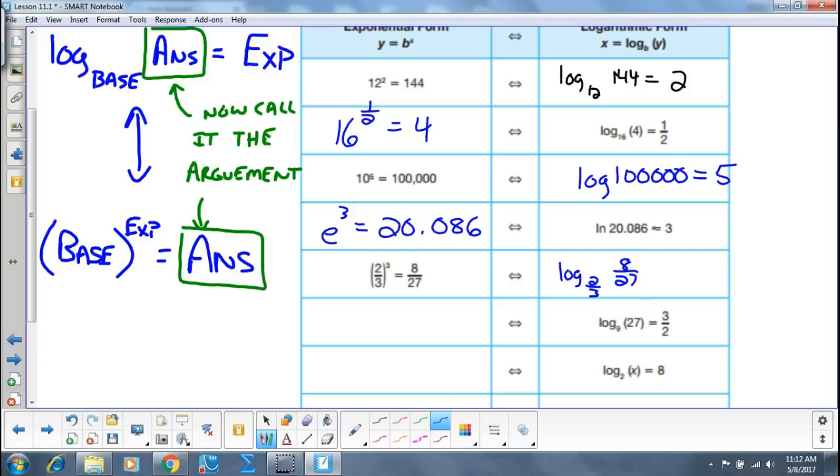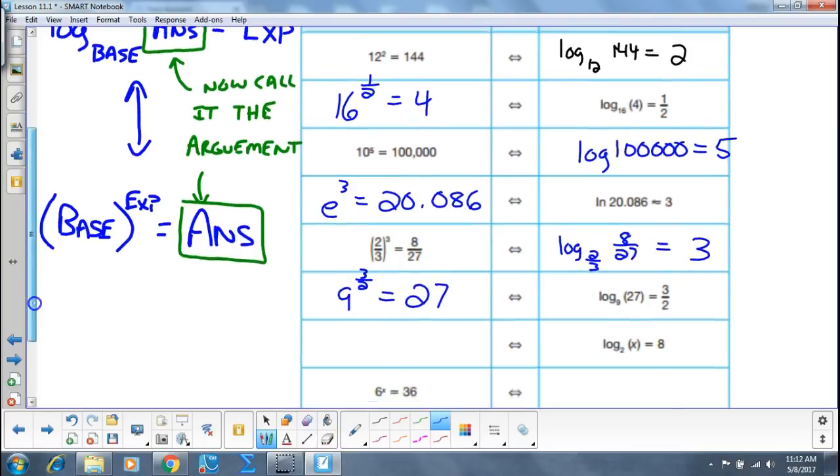That's not an exponent. Okay? That's a whole other number. Okay. Got the next one, Luke? 9 to the 3/2 power equals 27. Okay. Next one.